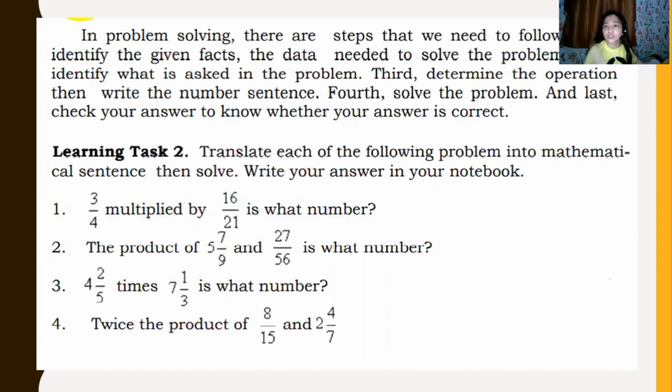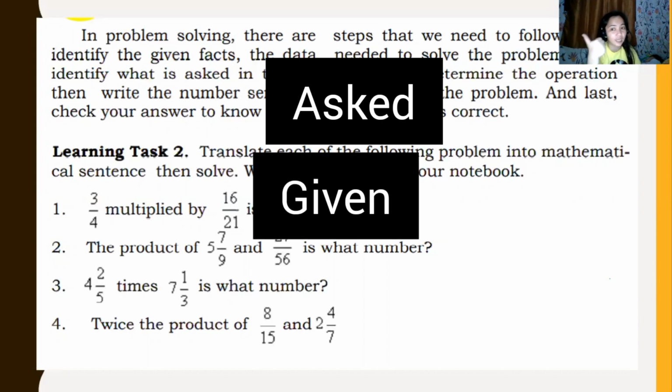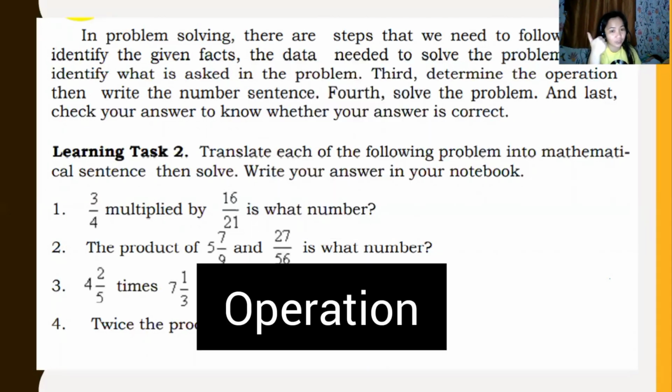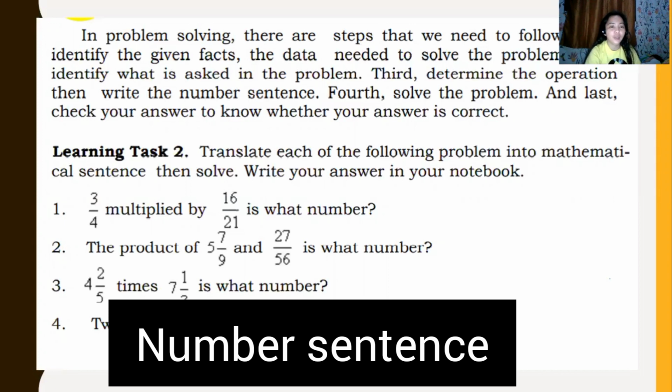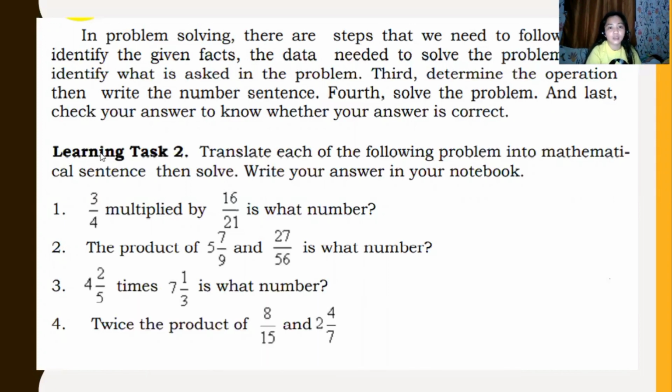For my students, to make it easier to understand and remember the steps in problem solving, we have the AGONA: ask, given, operation, number sentence, and then answer. Now in task number 2, we just need to translate each of the following problems into a mathematical sentence and then solve.